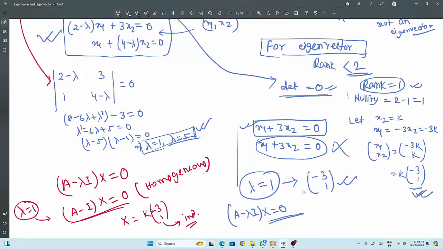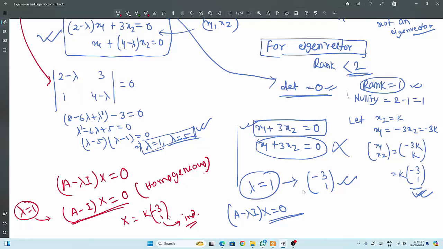So actually this is a solution space, not a solution only. Solution means one point. It is actually a family of points. Family of points means it is a space. Now if you take this solution space, you can see only one independent vector there, and that means here the nullity value is 1. That's why I said that nullity is the dimension of the solution space of the homogeneous equation, and this is the homogeneous equation.